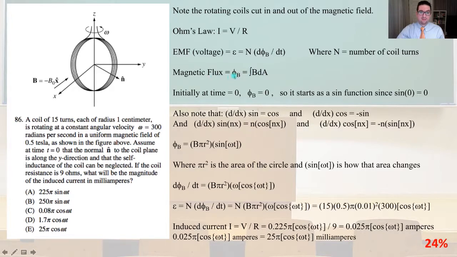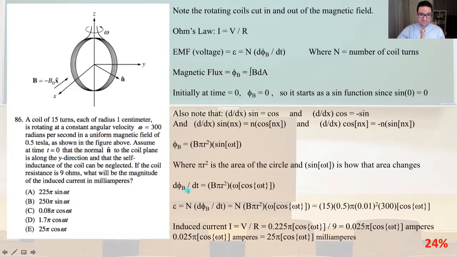So our magnetic flux, phi of B, equals the integral of B times dA, and initially at time equals 0, phi of B equals 0, so it starts as a sine function since sine of 0 equals 0. So phi of B equals B pi r squared times sine of WT, where pi r squared is the area of the circle and sine WT is how that area changes.